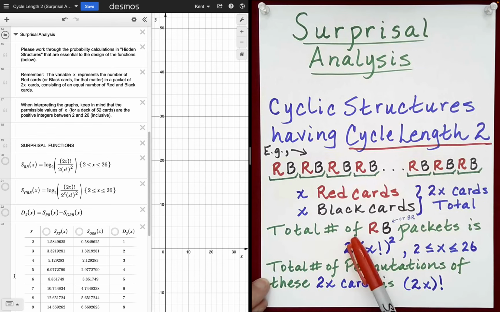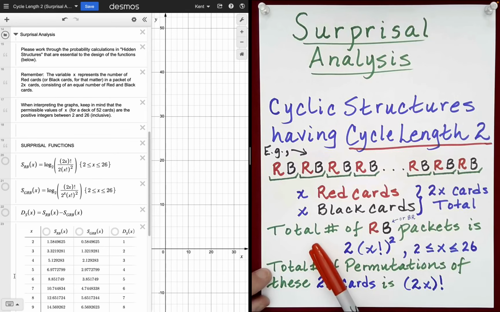Now, the total number of alternating packets of red and black cards is the following. It's 2 times the quantity x factorial squared, where x is a positive integer between 2 and 26 inclusive. The total number of permutations of these 2x cards will, of course, be 2x factorial.